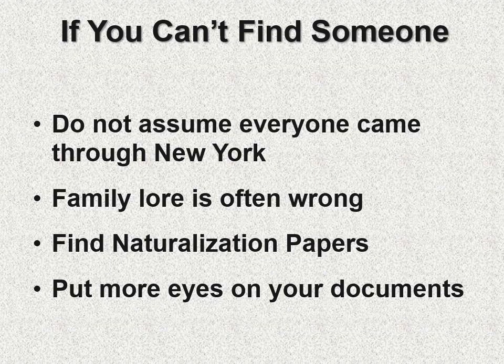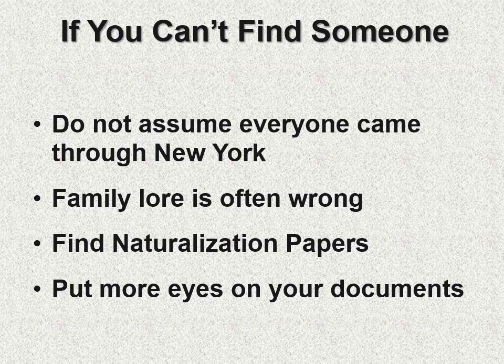So if you can find someone, these are some generic ideas. Do not assume everyone came through New York. Family lore is often wrong. You can find the naturalization papers. Just be careful, because if the ship came in before June 29, 1906, no one checks the accuracy of the ship information, and it's sometimes wrong, both the ship name and the arrival date.